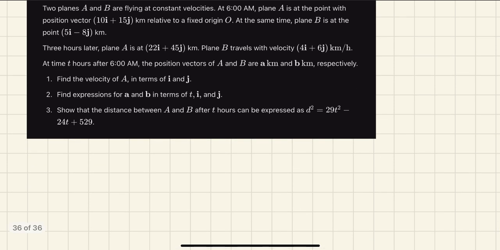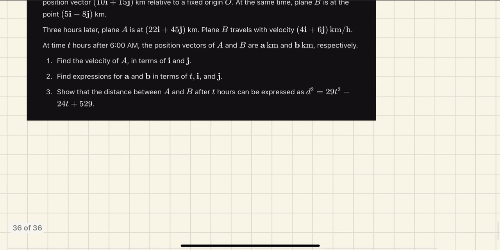Three hours later, this will not be the initial. One travels with this velocity. First, the question tells us to find the velocity of A in terms of i and j.